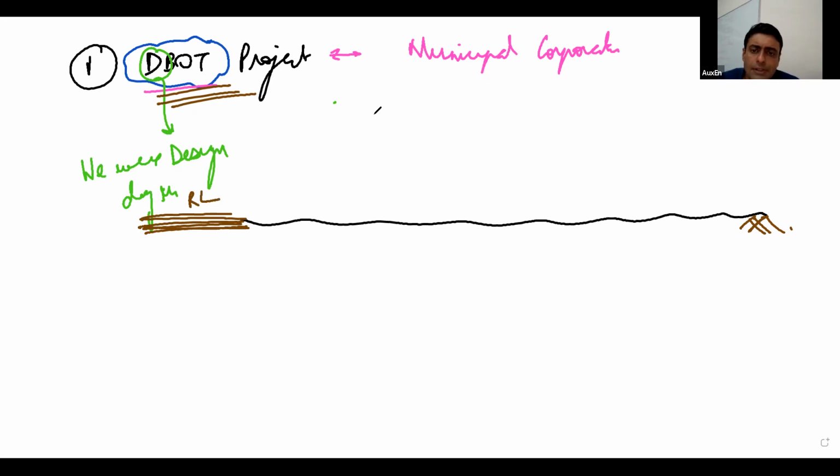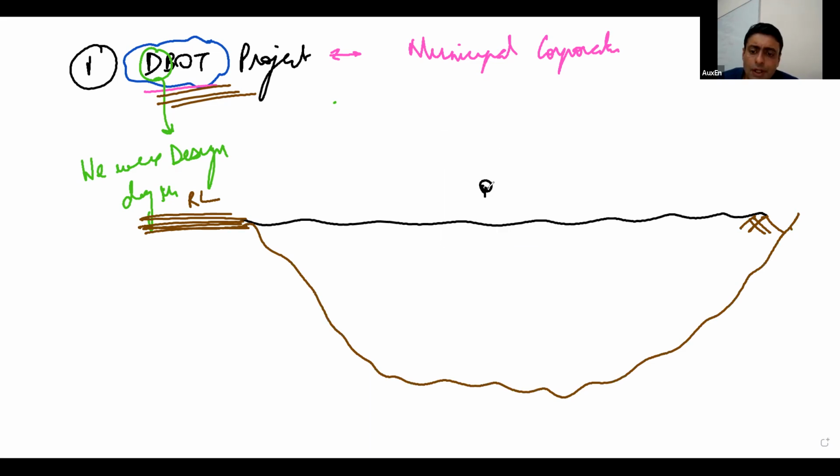When the geotechnical investigations were carried out, to everyone's surprise, the actual surface on which we were standing was just filled up earth. Okay. This surface was actually just filled up earth, and there was a large garbage dump over here.